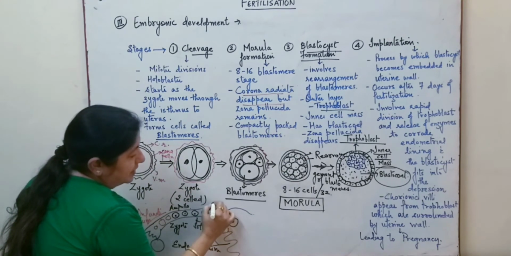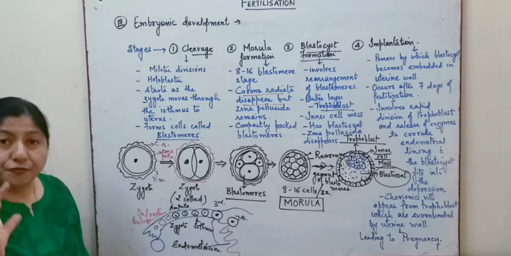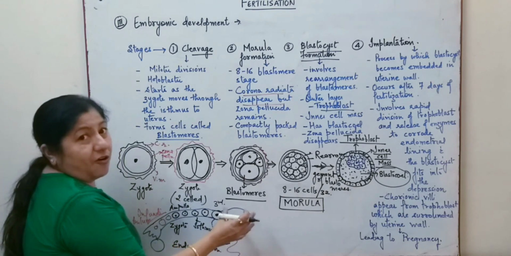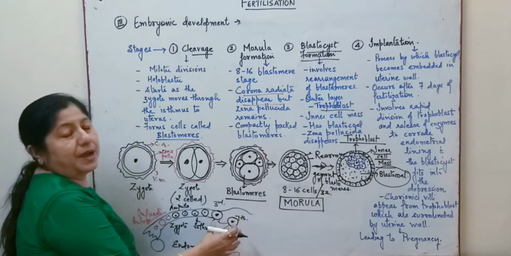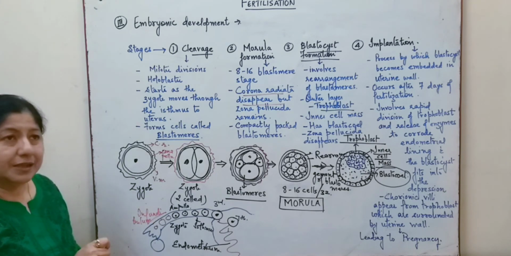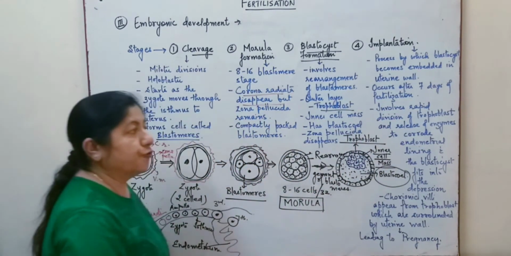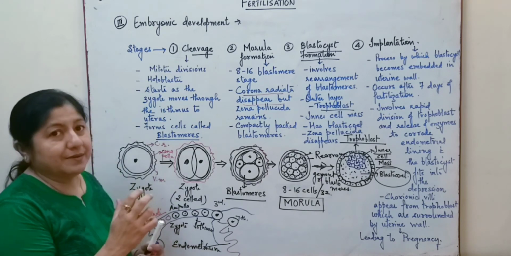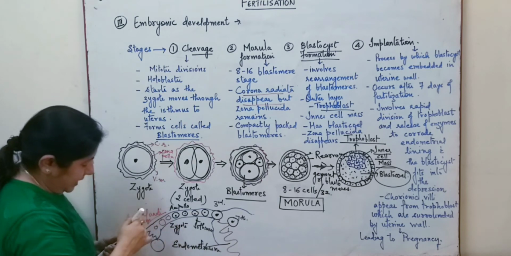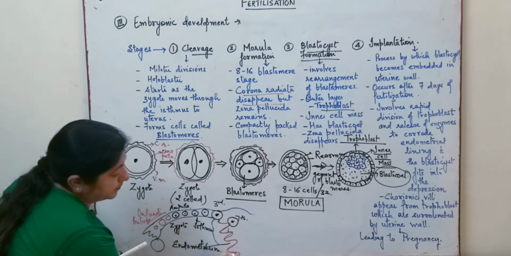So this is the third day, and at the 7th day of fertilization, this blastocyst will be embedded or implanted in the uterine wall, where the further development of the embryo will take place. Now, this involves the rapid division of trophoblast and the release of enzymes by it. So, what is happening actually over here? This is the lining of the uterine wall, that is endometrium.